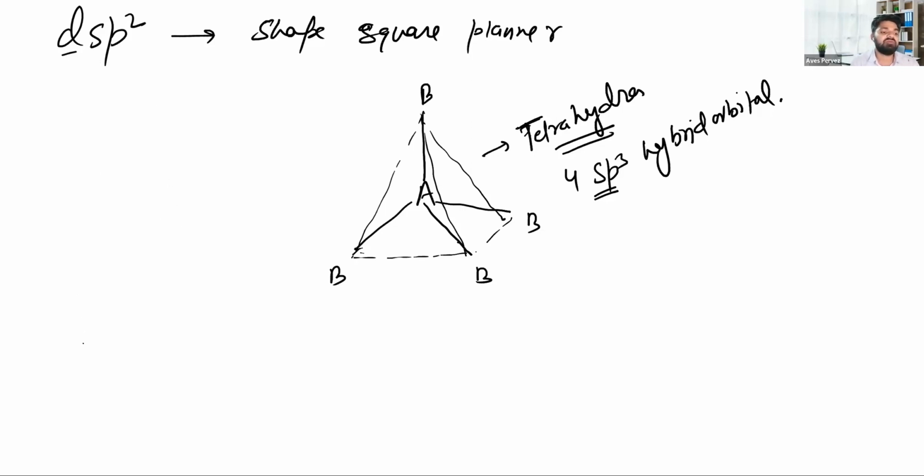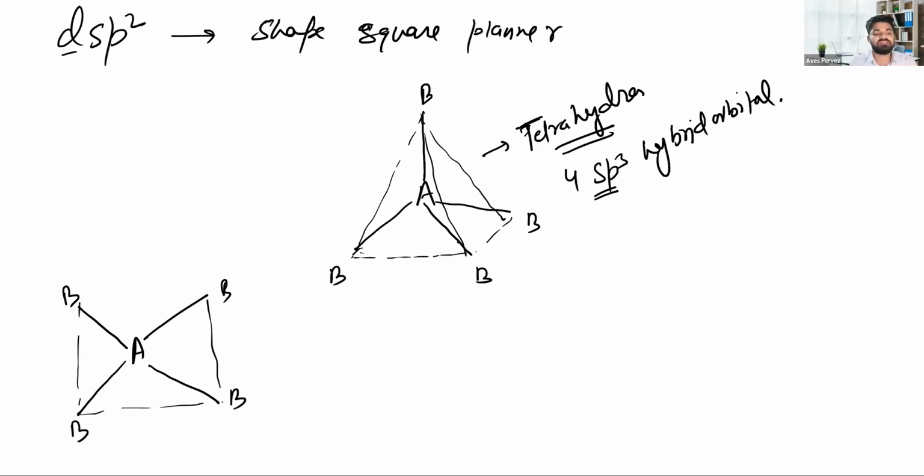But when we have 4 dsp2 hybrid orbitals mixing together, they will have square planar structure. This is B, this is B, this is B, this is B. So when we have hybridization sp3, the structure will be tetrahedral, and when we have hybridization dsp2, the structure will be square planar.